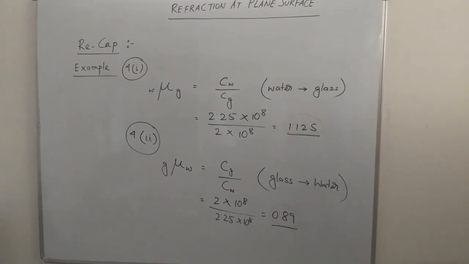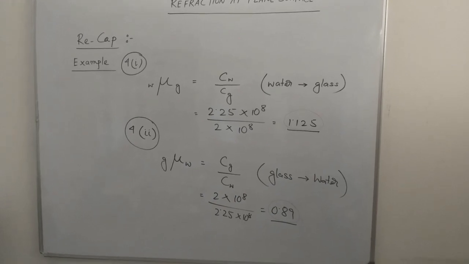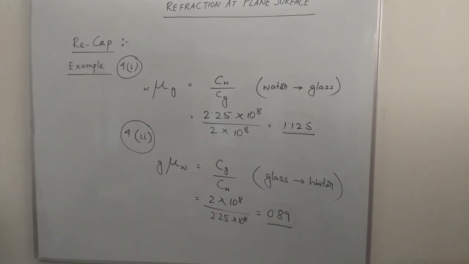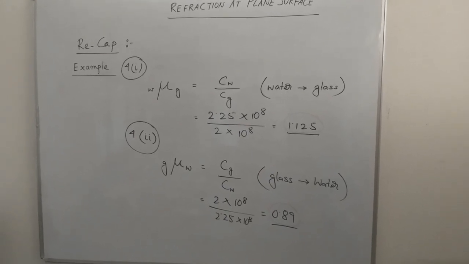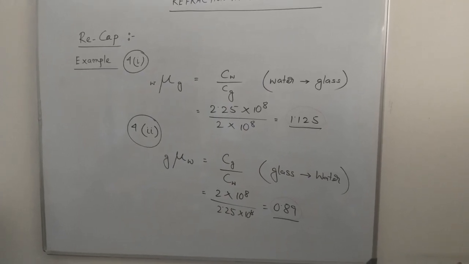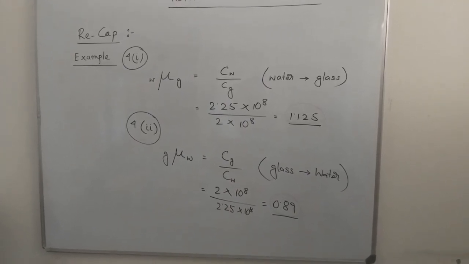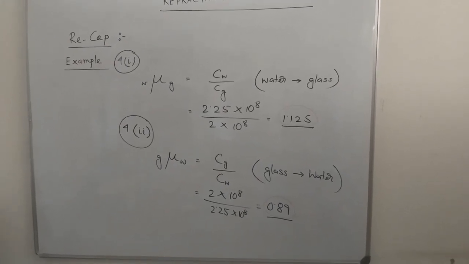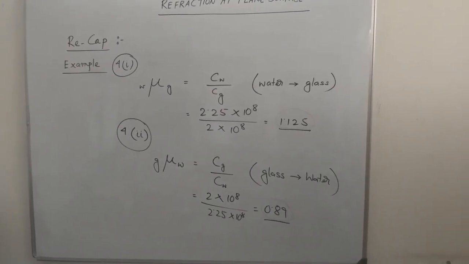That means now light is traveling from glass to water, and we are doing the same thing, but it is just the reciprocal of the previous. We are dividing 2 into 10 to the power 8 meter per second by 2.25 into 10 to the power 8 meter per second, and finally the answer is 0.89, which is exactly the reciprocal of 1.125.